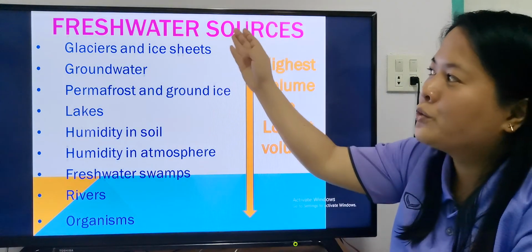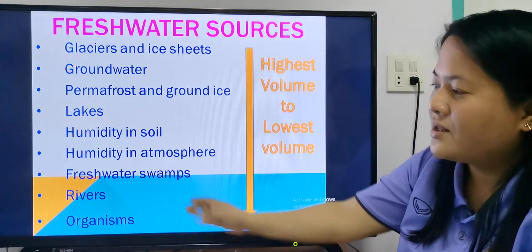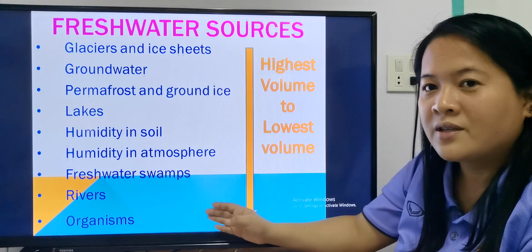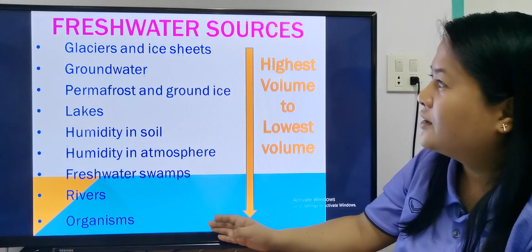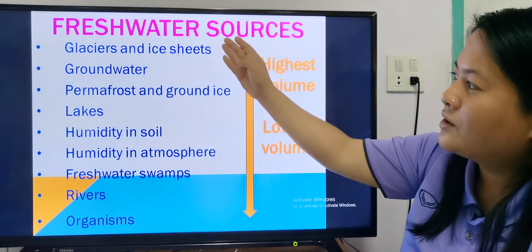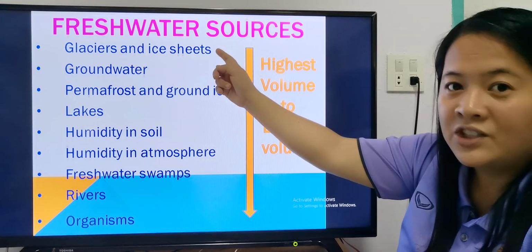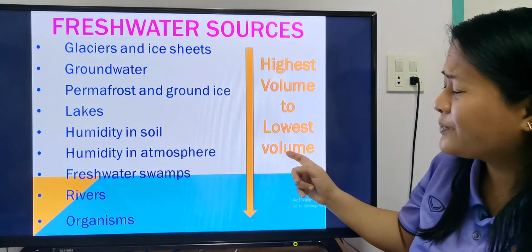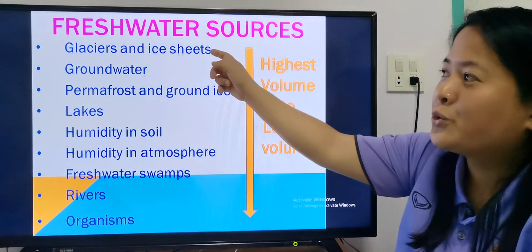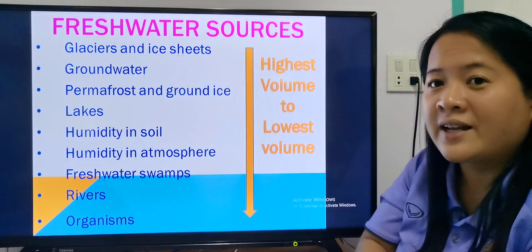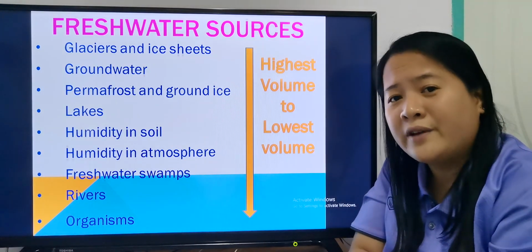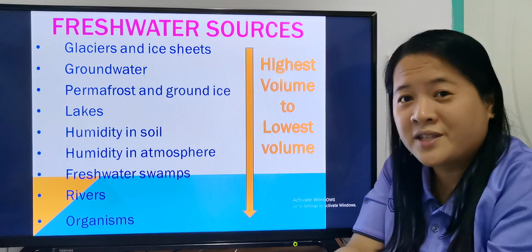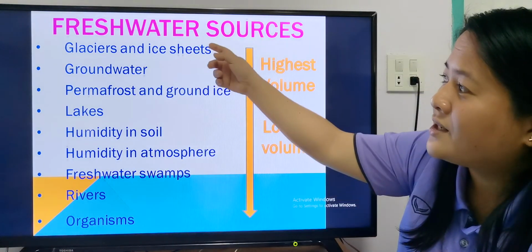So these are all the freshwater sources on earth, and we can arrange them. We already said that most of the fresh water is stored in glaciers and ice sheets. It's just that it's not available for consumption. It's frozen, so we cannot consume this yet.